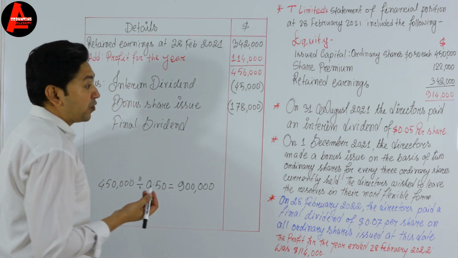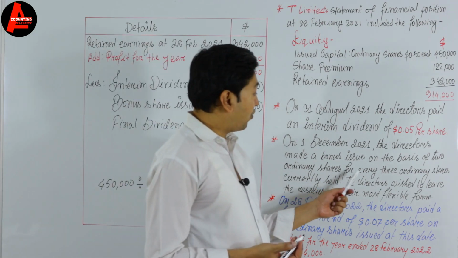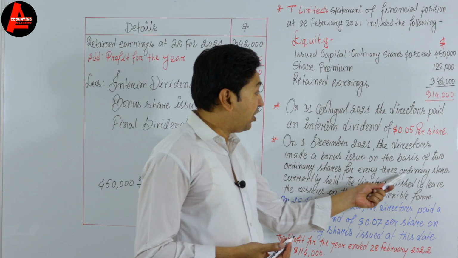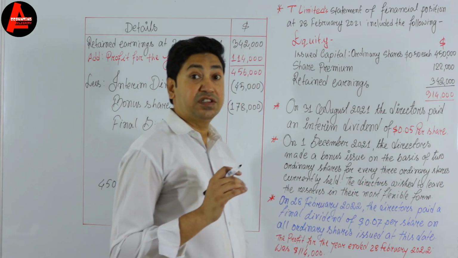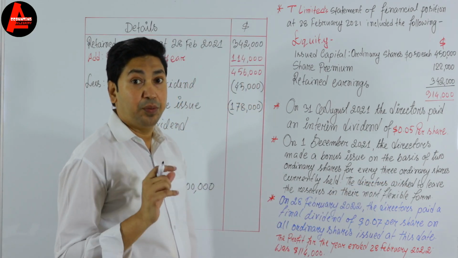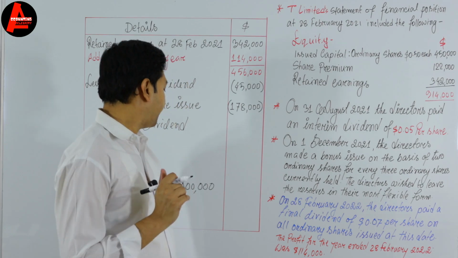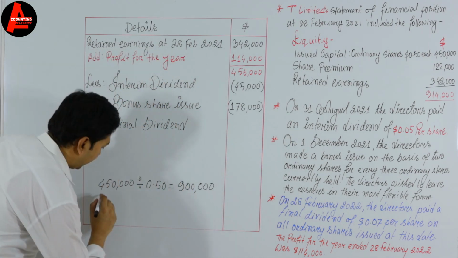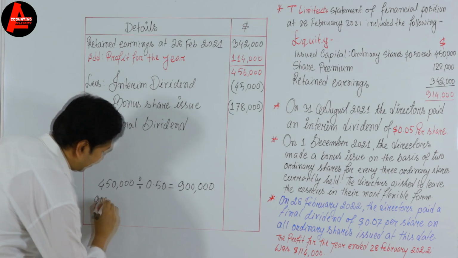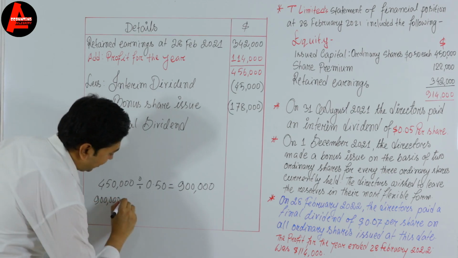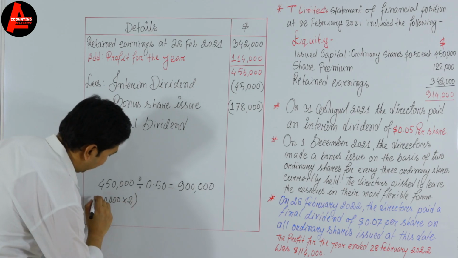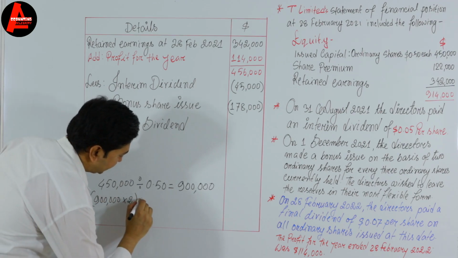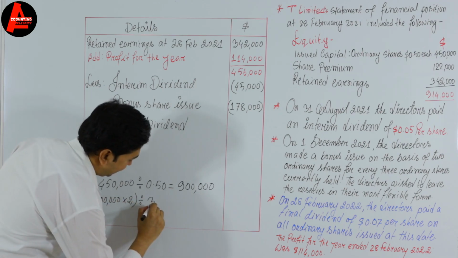We know that for every 3 ordinary shares, the business issued 2 bonus shares. So we calculate this way: 900,000 shares times 2, and we divide this by 3.